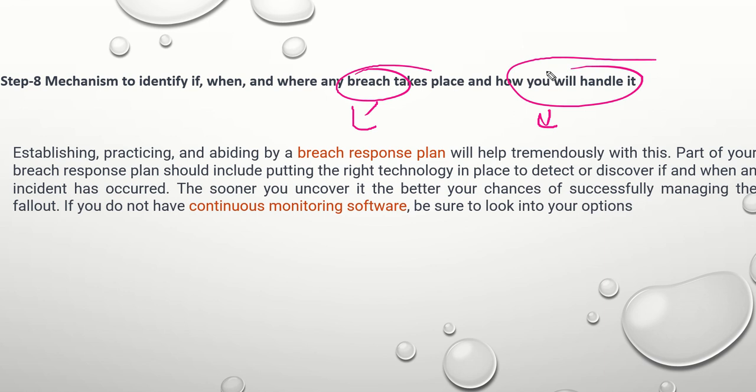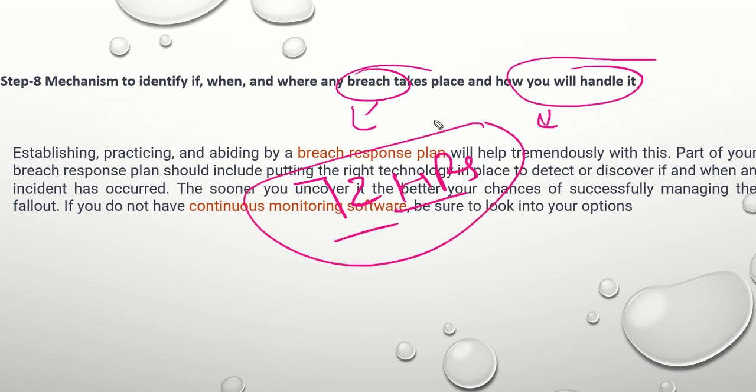Because as per the GDPR, within 72 hours you need to notify your users or your data controller. You need to tell them within 72 hours about the data breach that happened.